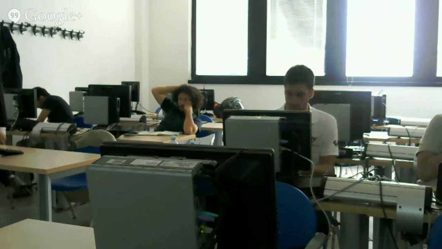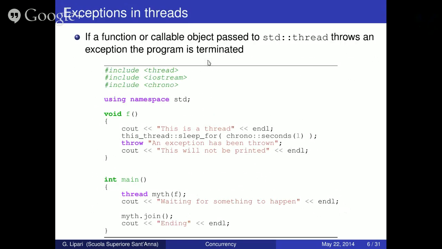Okay. If a function or callable object that is passed to a thread throws an exception, the program is terminated. So for example, suppose you have this F here, which is the thread body, and this F is passed to the object myth, and then I want to join it.